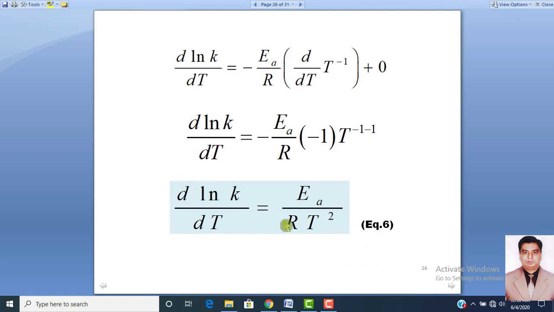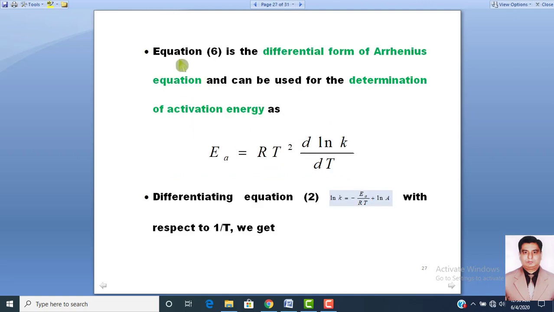According to equation number 6, d log natural k over dT is equal to Ea over RT square. Dear students, equation number 6 is the differential form of the Arrhenius equation, and it can be used for the determination of activation energy.